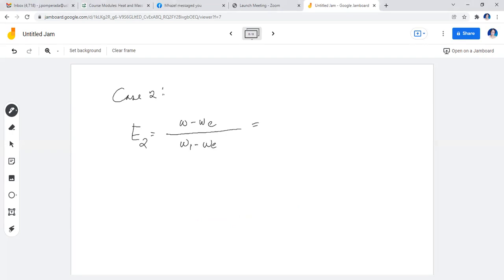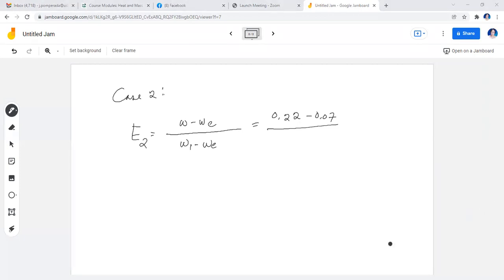So this time our final moisture is 0.20, initial rather. Wait, 0.22 is our final moisture content. You have equilibrium moisture content of 0.07 and an initial moisture content. I think I got it switched.